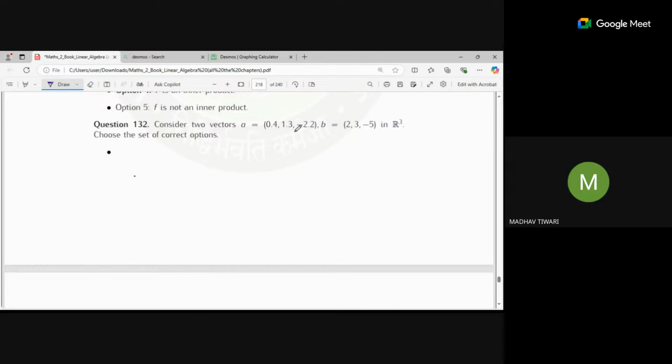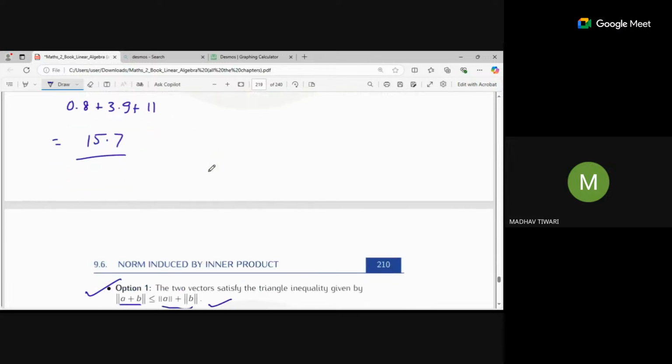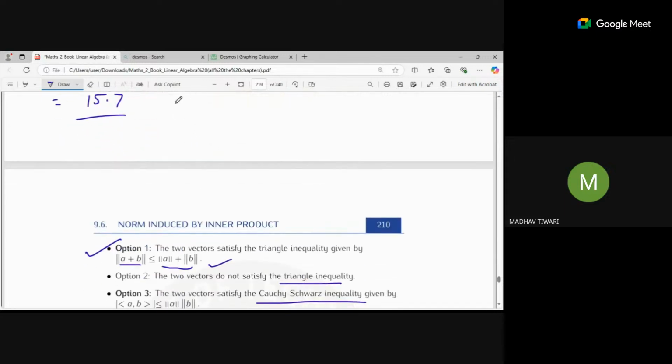If you do the dot product between these two, you will get 0.8. Here you will get 3.9, and if you do this, you will get 11, right? If you add all these parts, you will get 15.7, right? You have to do the square root of this.